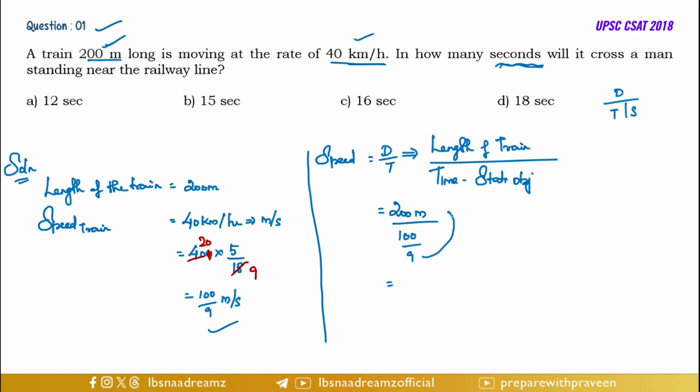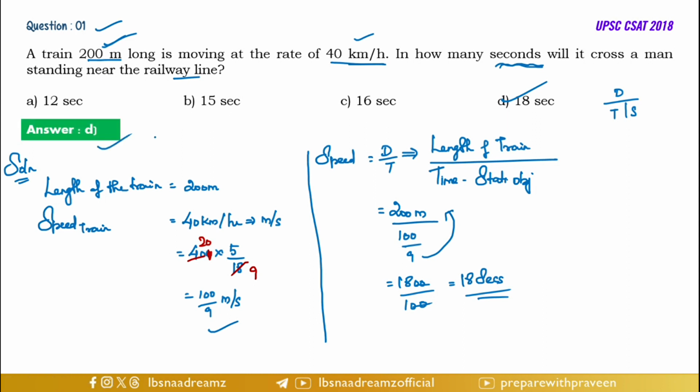So moving 9 to here, it will become multiply. So 200 into 9 is equal to 1800 divided by 100, which is equal to 18 seconds. So option D is the right answer. To cross the man standing near the railway line, the 200-meter long train will take 18 seconds. Yes, option D is the right answer.